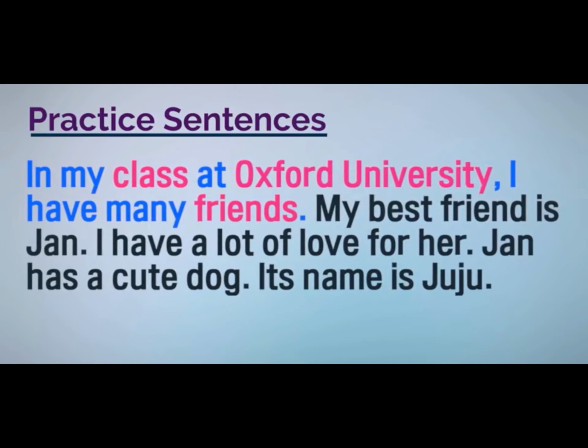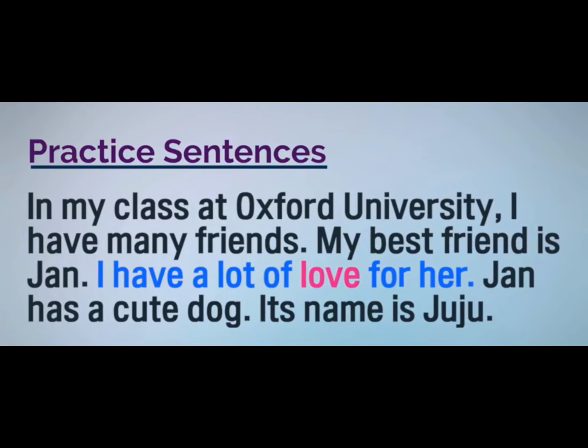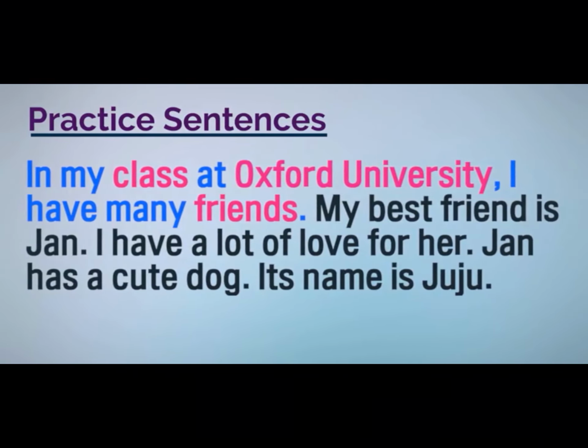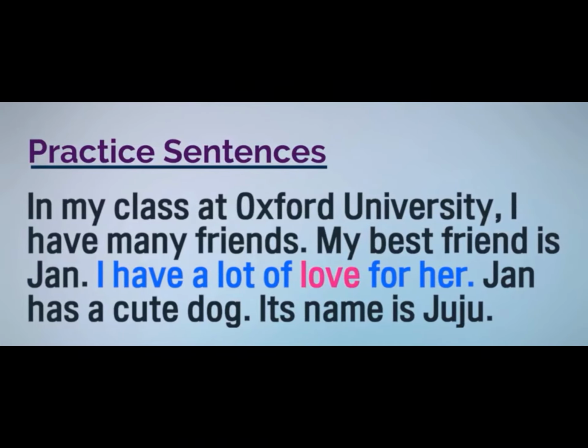In the second sentence, my best friend is Jan. So in this sentence, the noun is friend, and friend is a common noun, and Jan is the proper noun because it is capitalized. And next sentence, I have a lot of love for her.